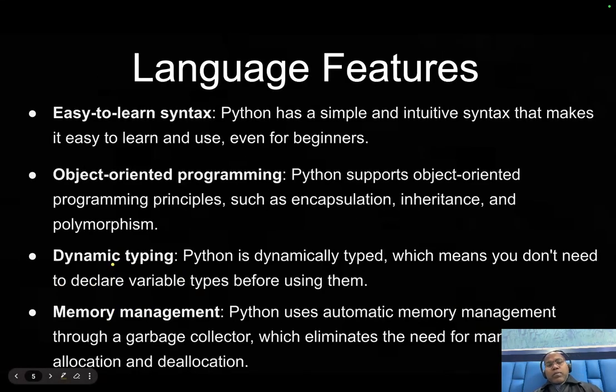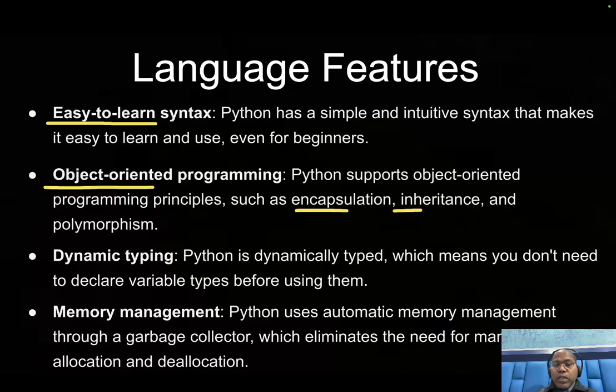In the case of language features, as we said first, there is easy to learn syntax. Python has a very simple syntax that makes it easy to learn, and any beginner can start even if they don't have any programming experience. It also supports object oriented programming concepts such as encapsulation, inheritance, polymorphism.